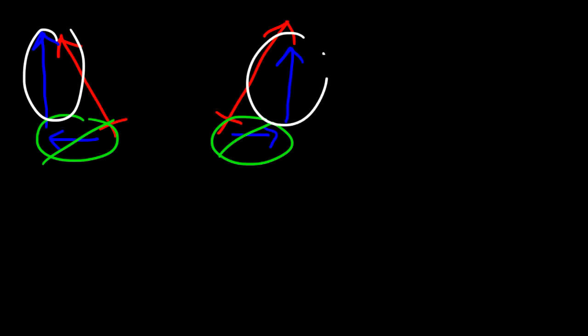So if we resolve those two vectors into components, the one on the right has an x component going towards the right and a y component going up. The one on the left has an x component going towards the left and a y component going up. So notice that the x components cancel because they're opposite to each other. However, the y components do not cancel because they're pointing in the same direction.